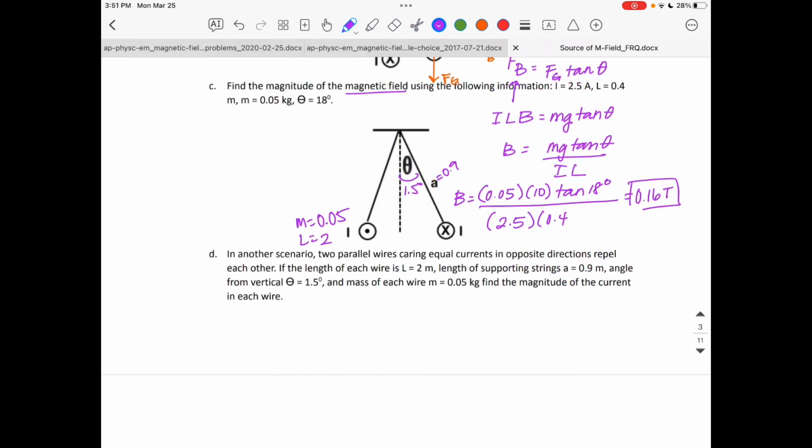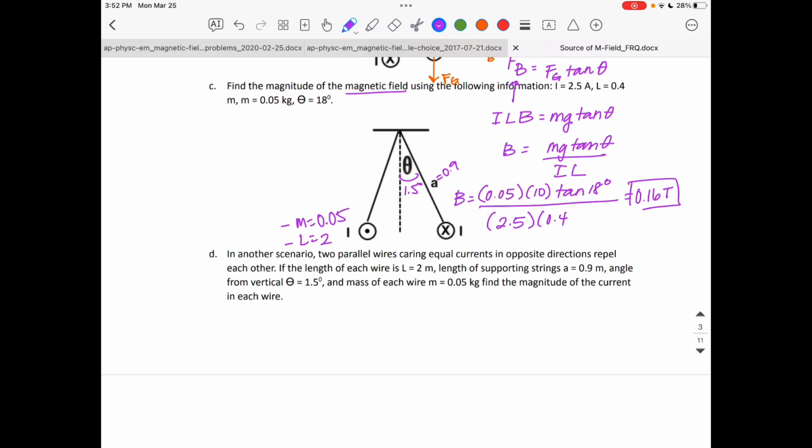Okay, so for part D, we've got two current carrying wires. I wrote down all the values here. Mass is 0.05, the length of the wire is 2, the angle is 1.5 degrees, and the length of the string is 0.9. And what we want to find is the current in each wire.